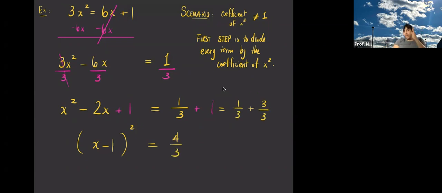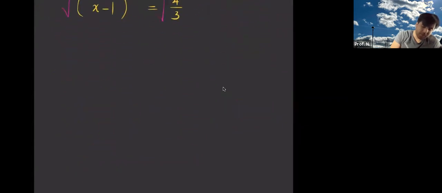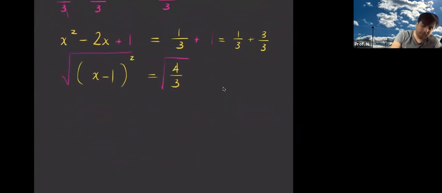And again, I still want to get x. My primary concern is x. So how do I get x? I have to get rid of that squared term, that exponent of 2. To do that, I must square root both sides of the equation.